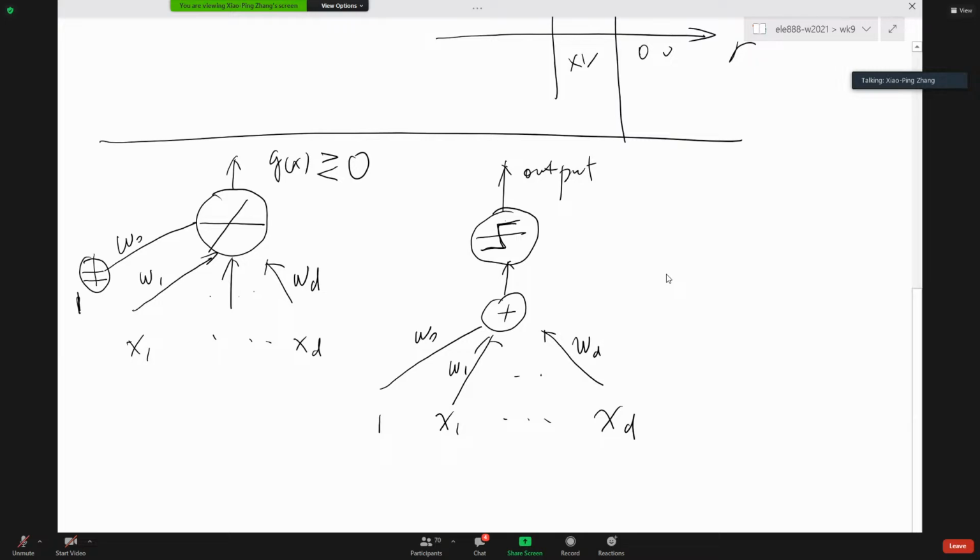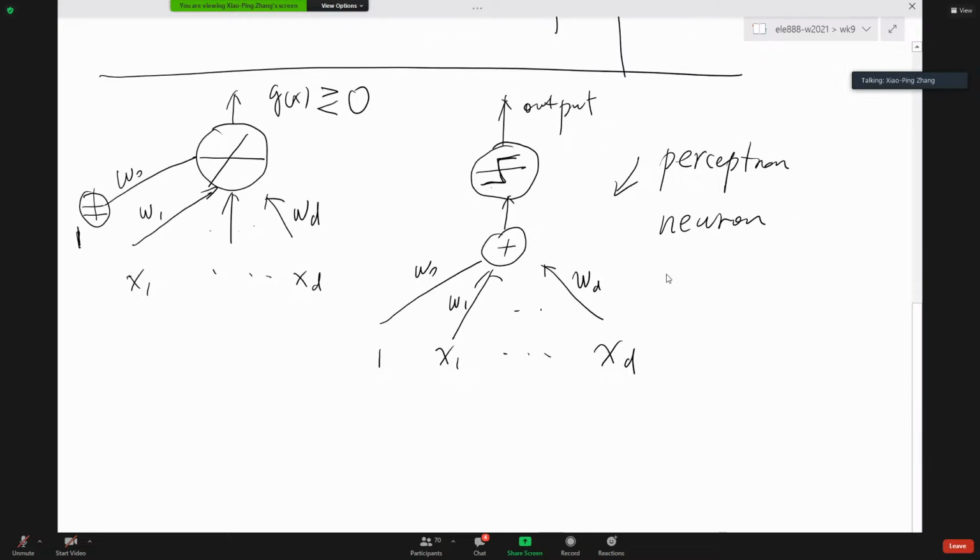This particular construct we call a perceptron, or in the neural network context, we call it a neuron, with one nonlinear unit.